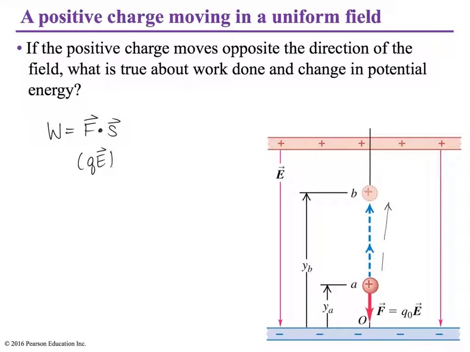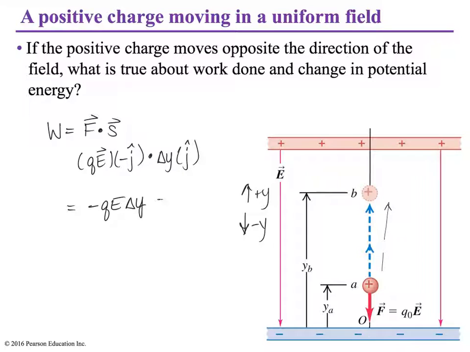And just to be clear, we'll write that it's in the minus J direction, because this is the minus Y direction. Up is the positive Y direction. But the displacement we're talking about, the delta Y, is actually in the positive Y direction.